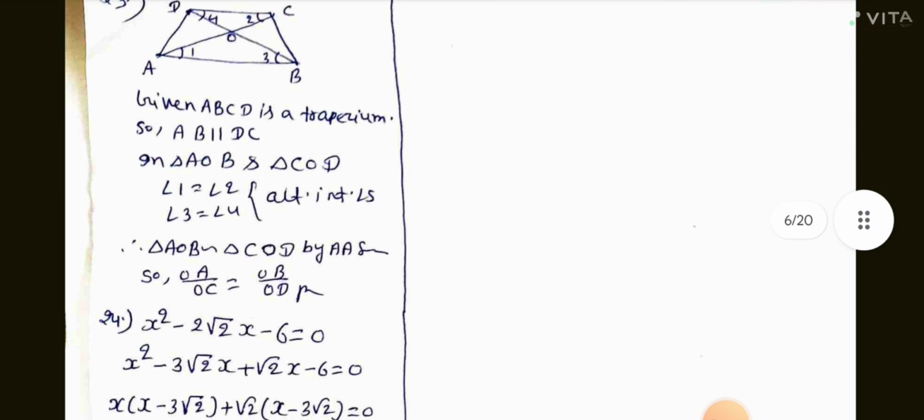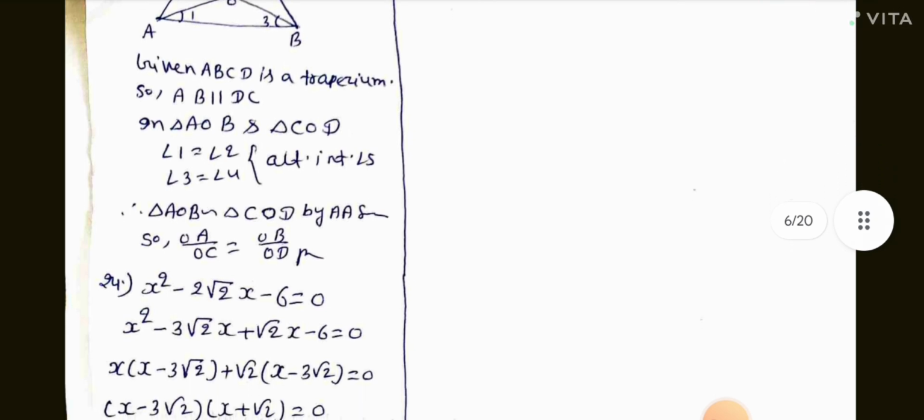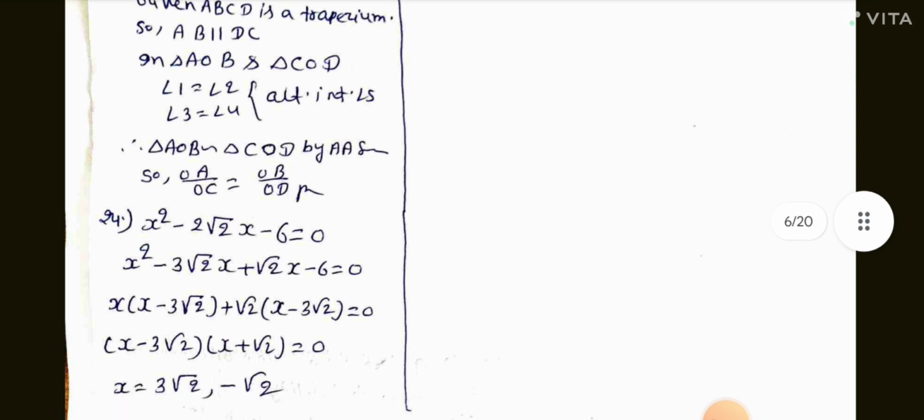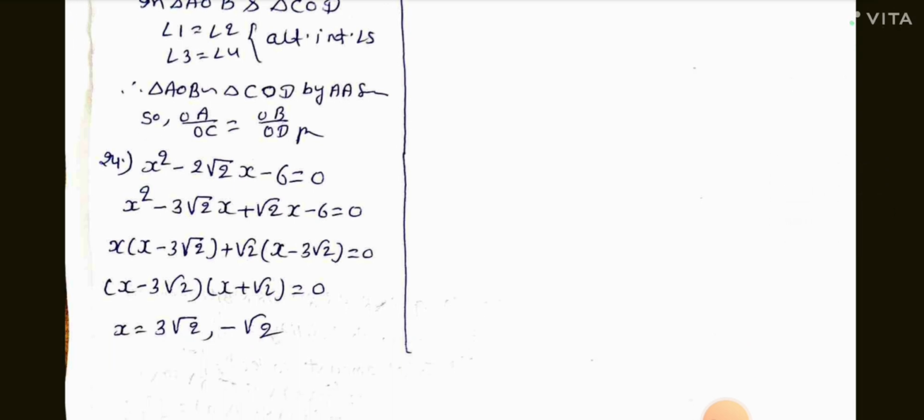Now, question number 24. Given x square minus 2 root 2 x minus 6 equal to 0. By factorization method, you need to find the value of x. Minus 2 root 2 x can be split as minus 3 root 2 x plus root 2 x because their product will be minus 6.